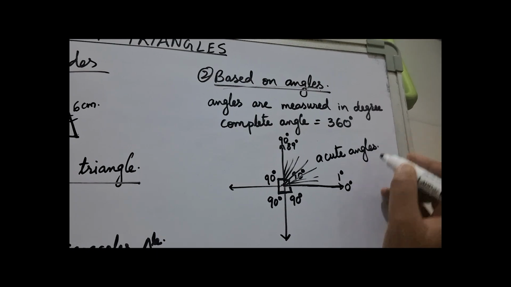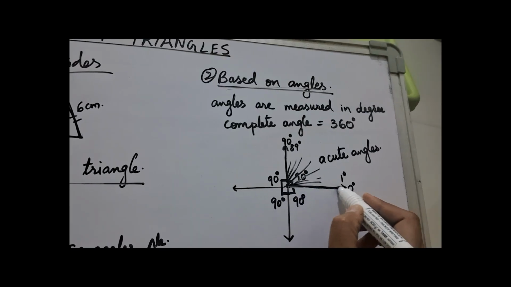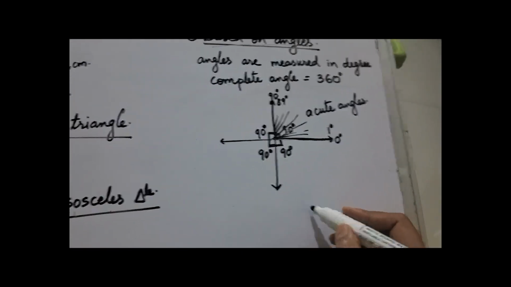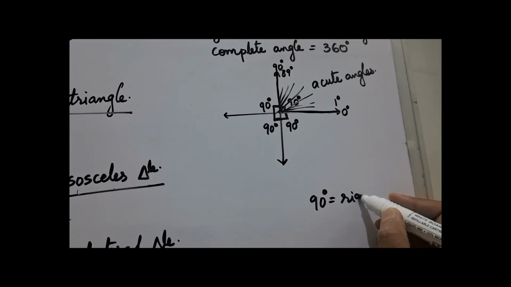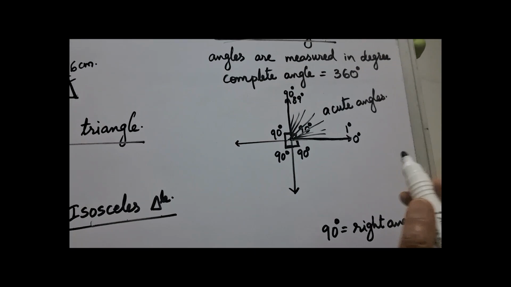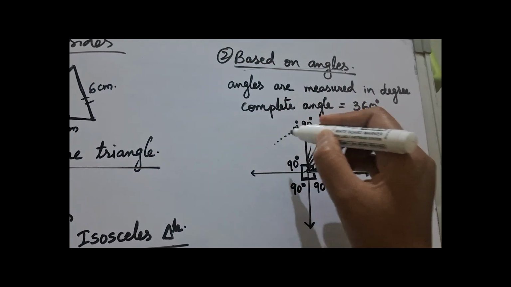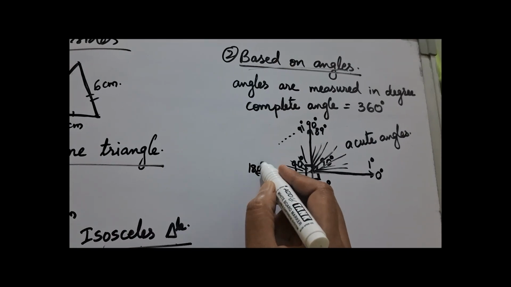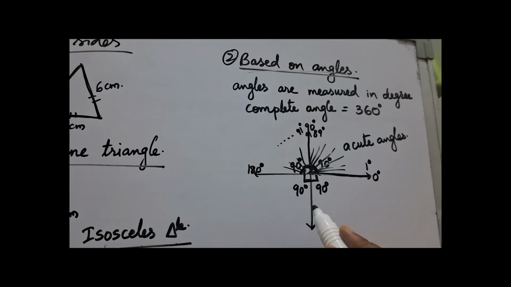Acute angles, right? Now here, exactly 90 degrees is called a right angle. Okay, children? A 90 degrees angle is called a right angle. Right? Now, from 91 degrees onwards, from 91 to 180. This one is 90 plus 90, this is 180 degrees, isn't it?